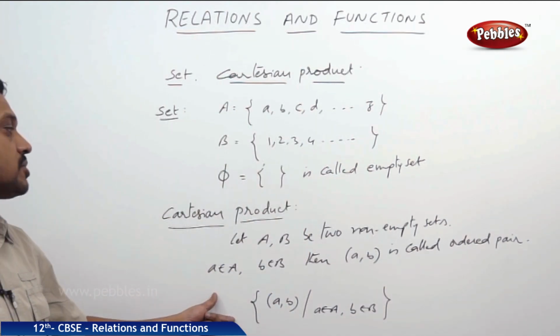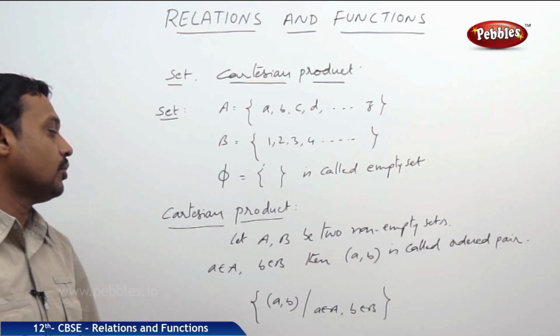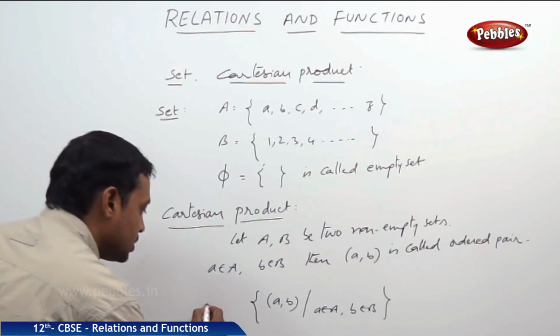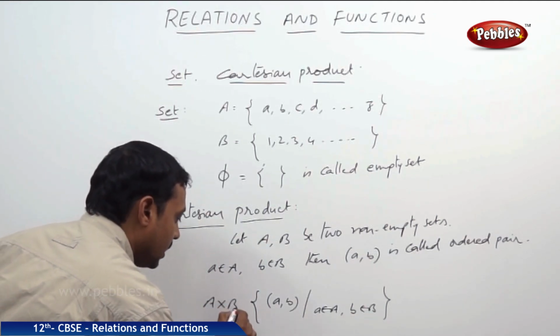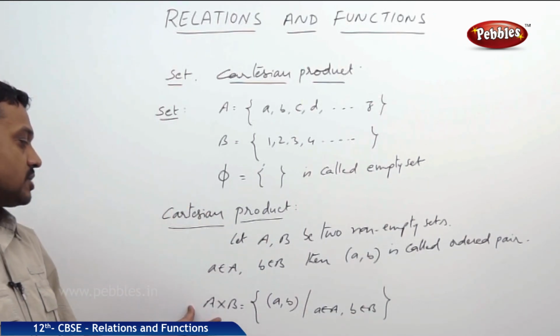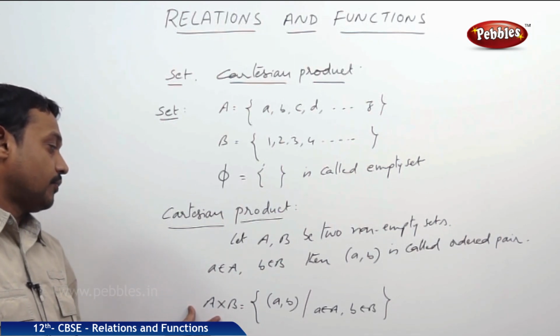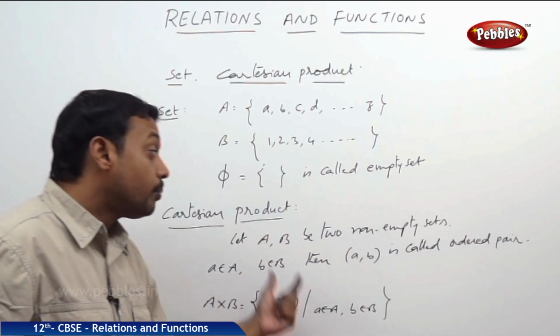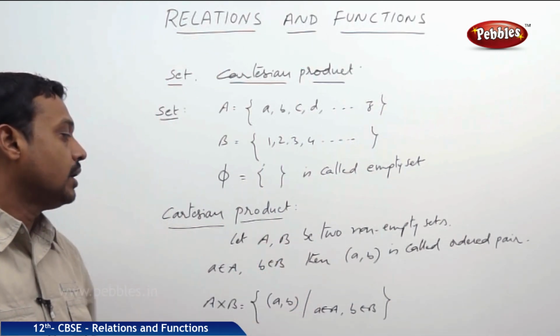The collection of all possible ordered pairs defined from A to B is known as a Cartesian product, which is denoted by A cross B. So A cross B is a Cartesian product defined from A to B and it is the collection of all possible ordered pairs defined from A to B.